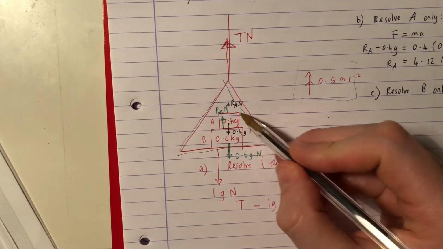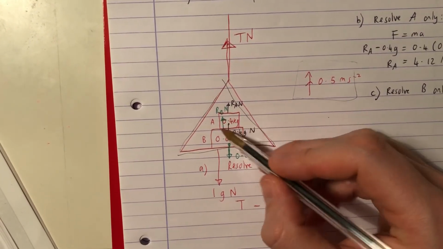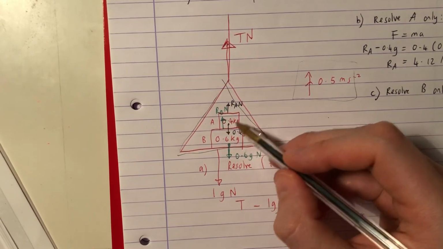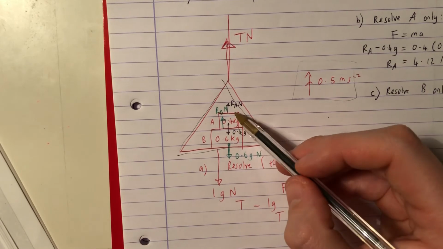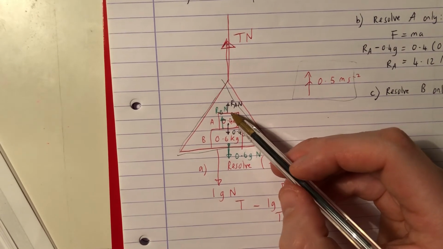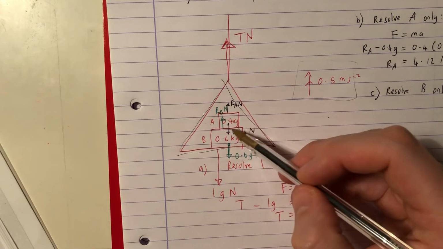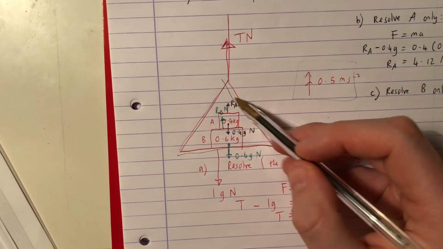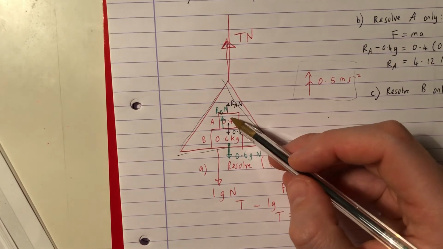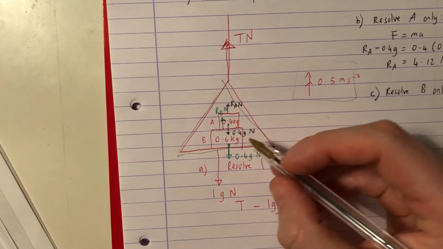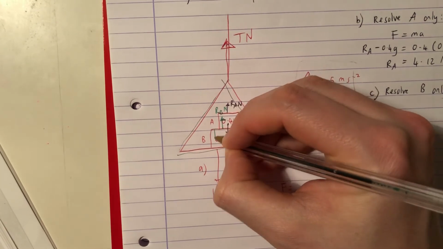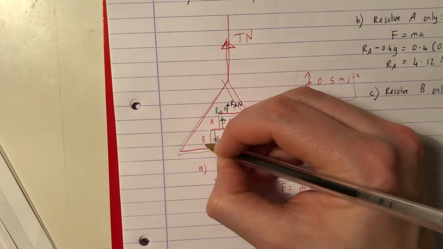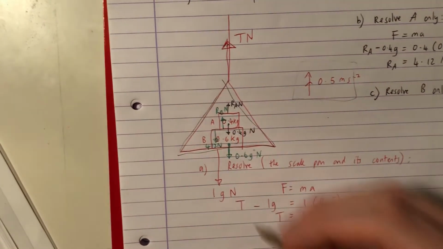But object B is also in contact with another object, which is A. If you remember, we just worked out the force exerted on B by A, and by Newton's third law, that force, which was 4.12 newtons, is exerted on B by A. So there's going to be a reaction force going in the other direction, and this one's 4.12 newtons.